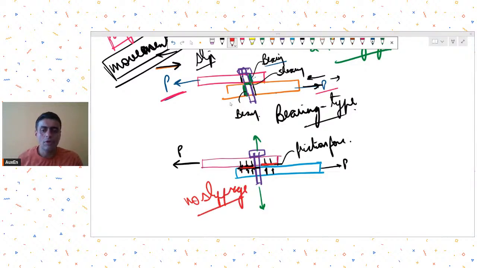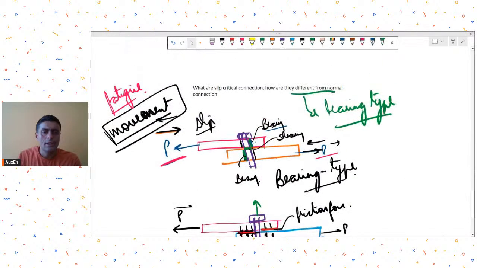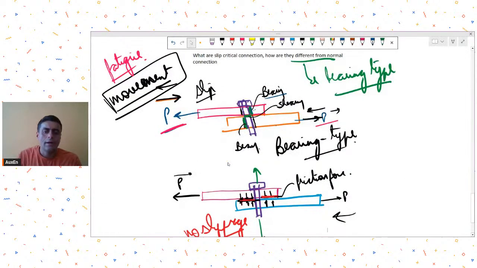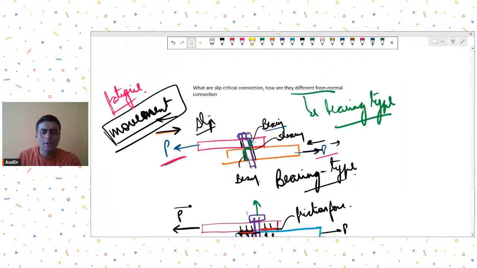So even for those loads where there is a continuous direction change, you will not have any slippage in the connection. Because there is no movement in the connection, with hundreds of thousands of such cycles, less fatigue is generated.